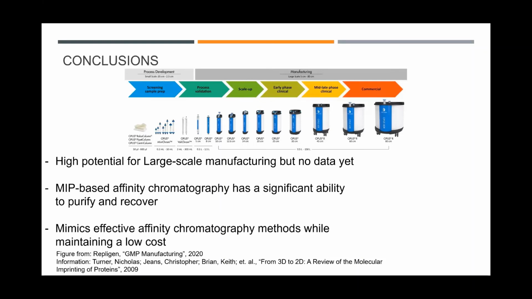On top of that, you can reuse these columns and you don't have to replace the resin every time you use it, which is incredibly convenient because I'm sure that polymerization reaction would be a huge drawback to have to redo every time on an industrial scale.